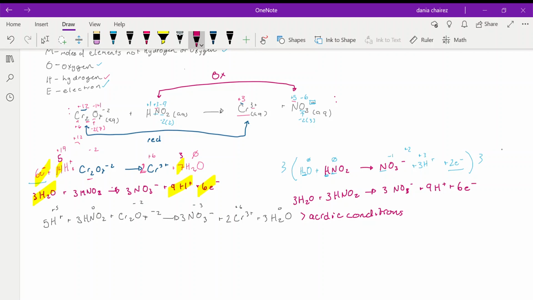So then, like I said, this is in acidic conditions. But we don't just have acidic conditions, we have basic conditions.